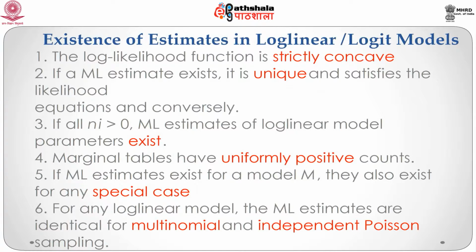Sampling zeros can affect the existence of ML estimates of log linear and logit model parameters. Haberman, in his research, showed the following results for Poisson sampling, and these results will also apply to the case of multinomial sampling.